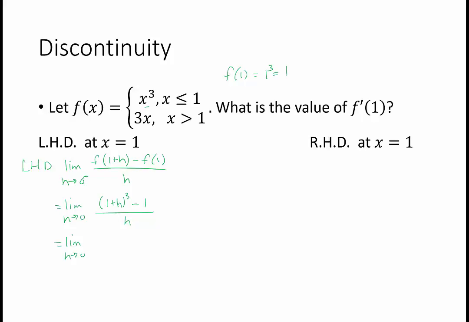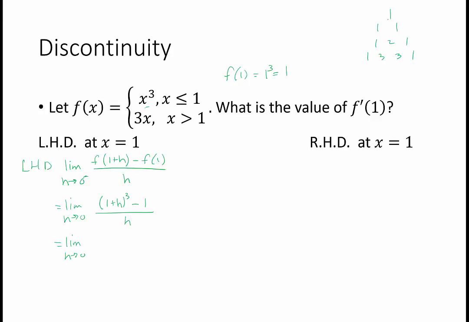So I will again write out my Pascal's triangle. So I can expand that, and I get 1 plus 3h plus 3h squared plus h cubed minus 1 over h. When I do that, my 1's cancel.